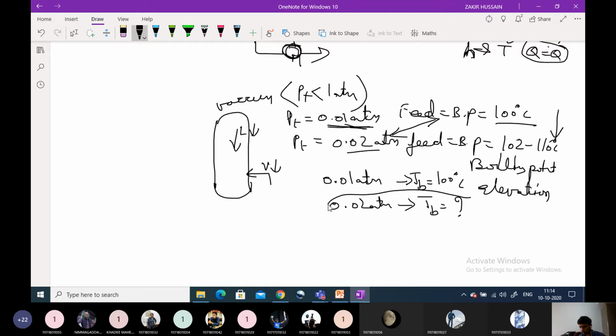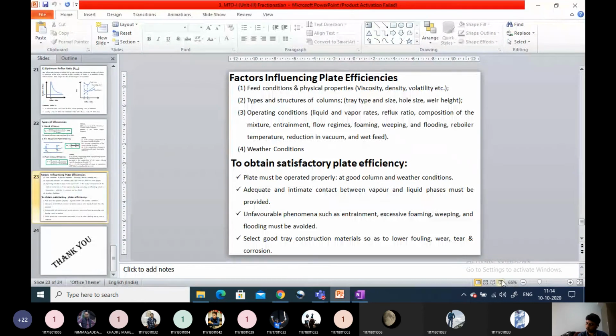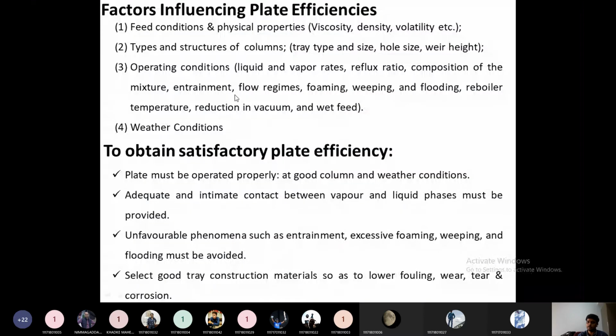Then our column has to operate at these conditions, or otherwise we have to decrease our pressure, that is, restore the vacuum condition. We have to check using the VLE diagram at what stages our column will be operating. Because of this, reducing the vacuum of the column will also have an adverse effect on the efficiency of the column.